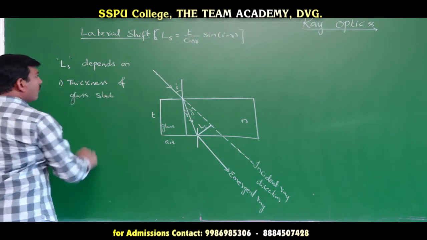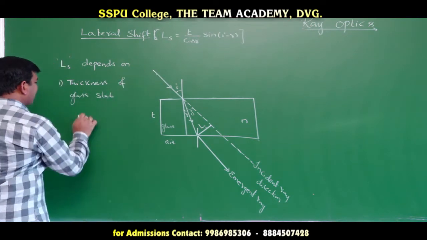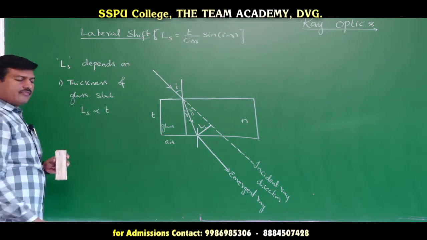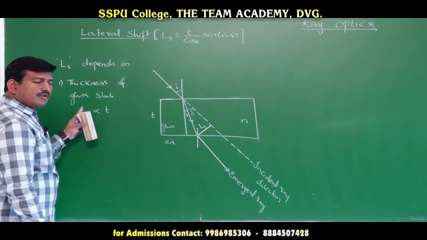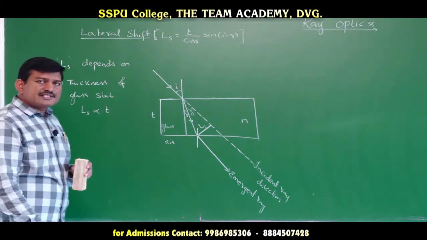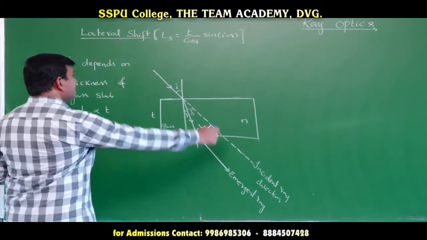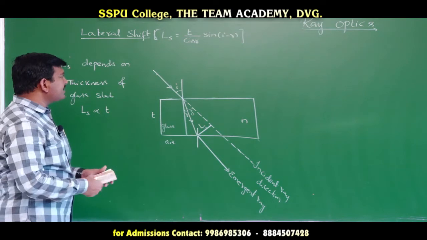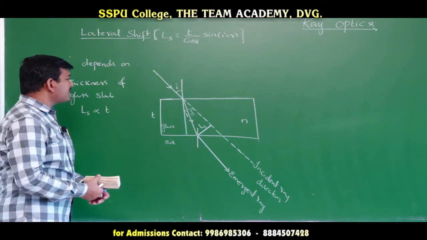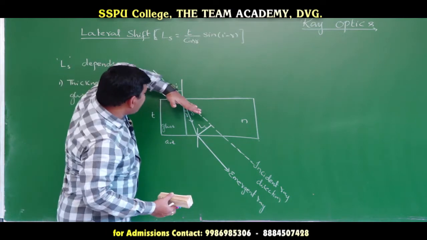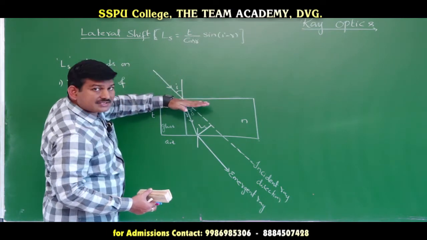More the thickness, more will be the lateral shift. That means Ls is directly proportional to the thickness. Now, what is the maximum value of lateral shift that is possible? For i = 90 degrees, if the light ray comes grazing like this, the angle of incidence becomes 90 degrees.